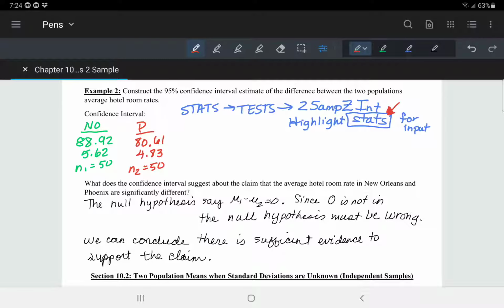I've just referenced the New Orleans and Phoenix values for us. You'll need to input those on the screen once you're in the stats portion. And what you should come up with is on the low bound, 6.26 less than mu1 minus mu2, which should be less than $10.36.